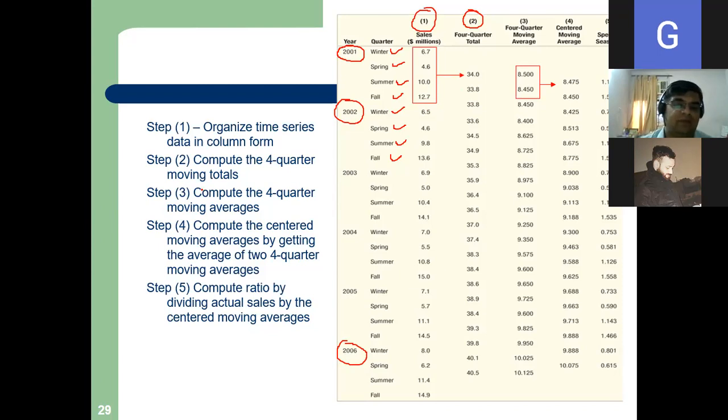Suppose May, June, July. 3 months are there. We take the average and write it in the month of June.